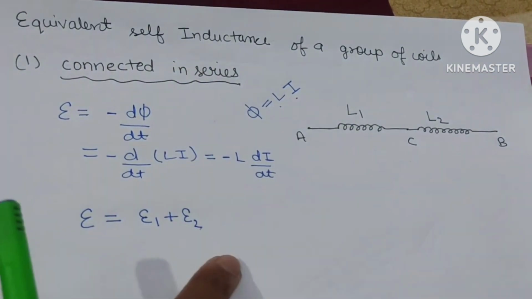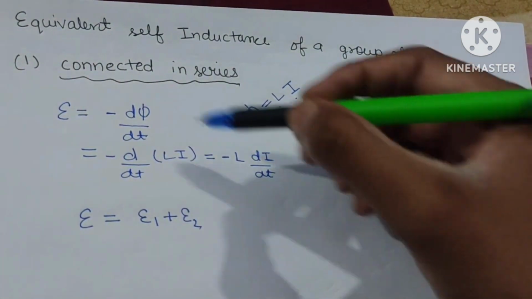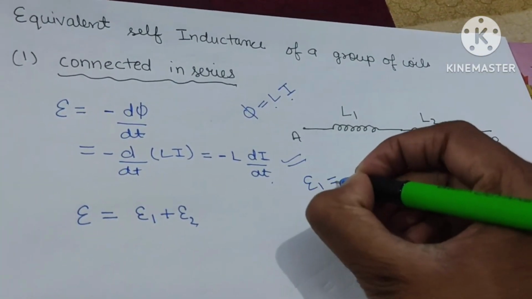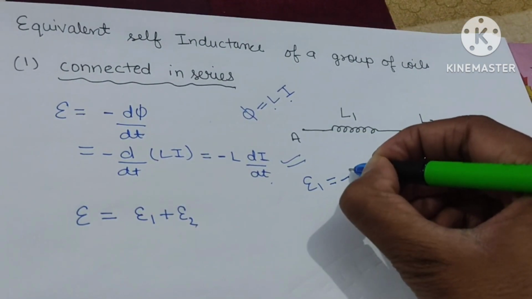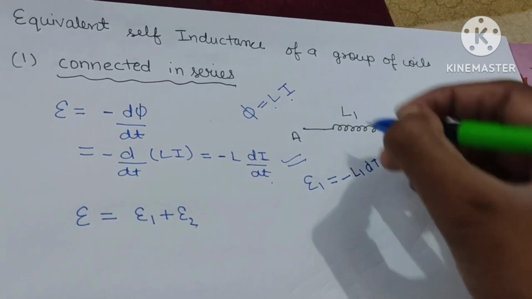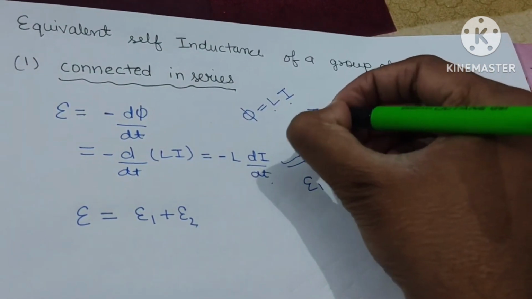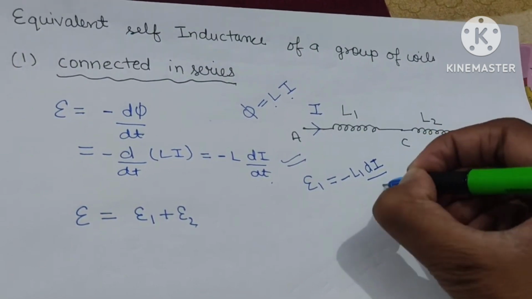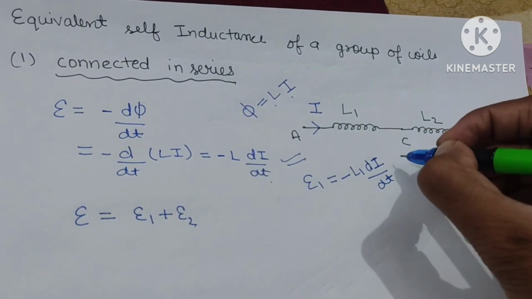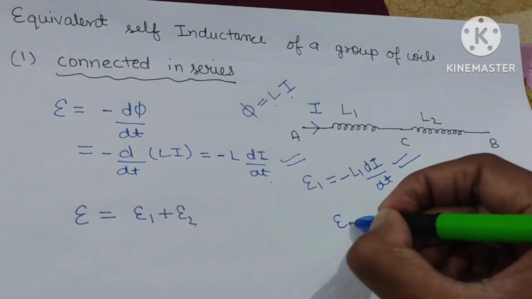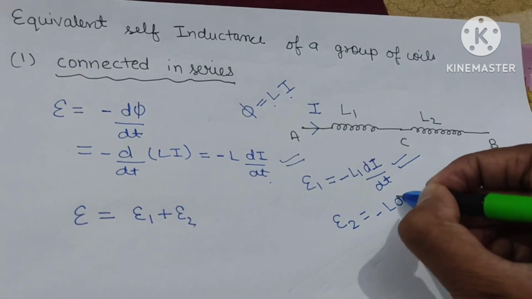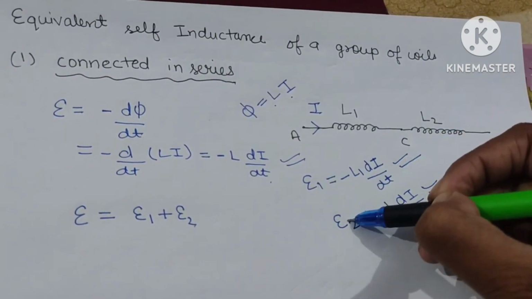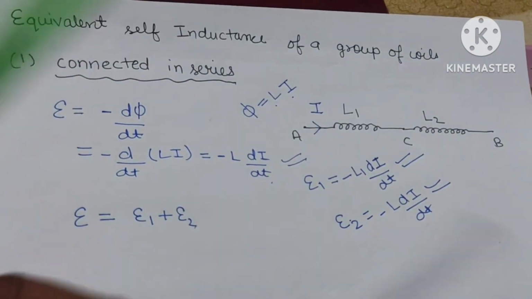For E1 we have minus L1 di/dt, because the current is the same, I, through each of them. Secondly, E2 is equal to minus L2 di/dt. Put the E1 and E2 values into the total E.